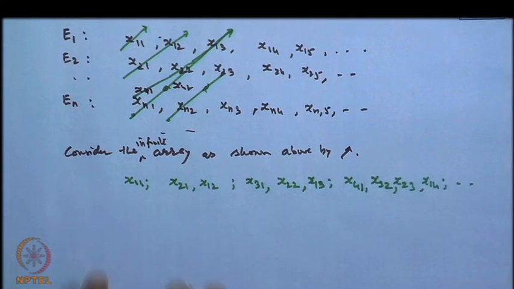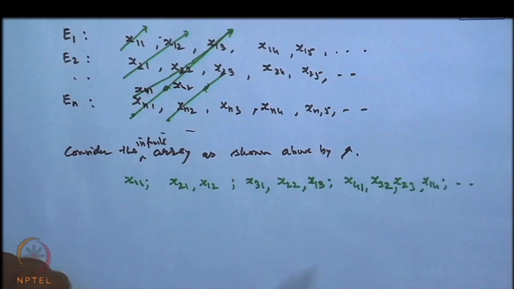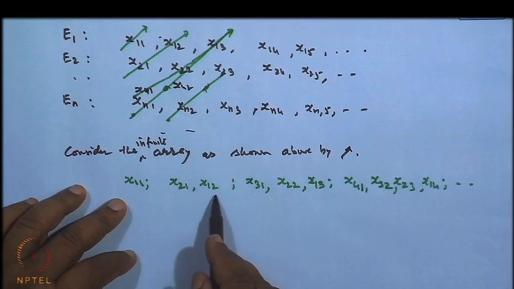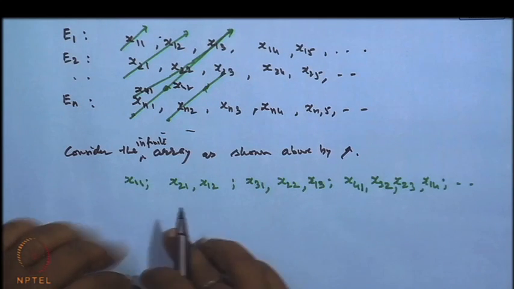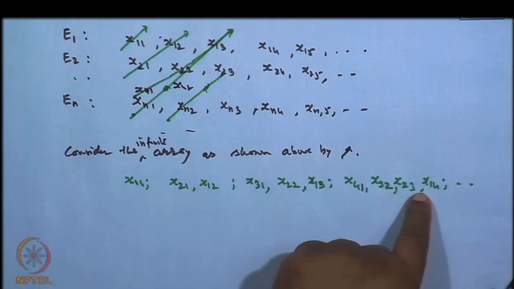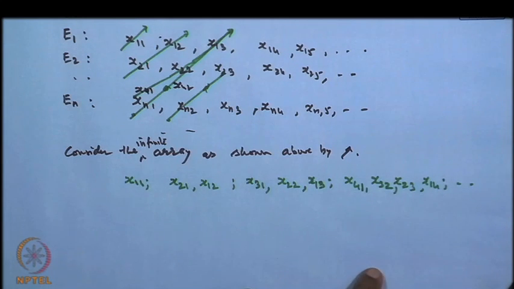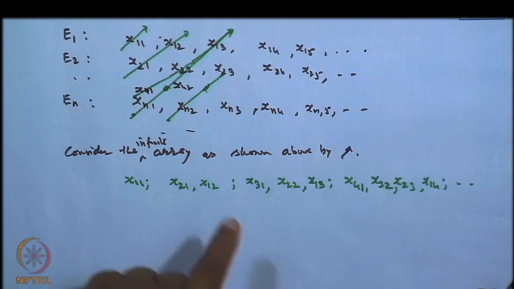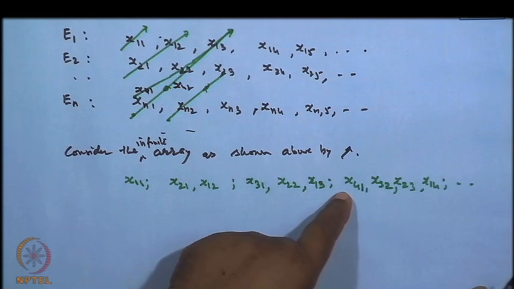If we arrange this in the form of a sequence, we get first element, second element, third element, and so on. In this way we get a one-to-one correspondence between the elements of this set and the set of positive integers.